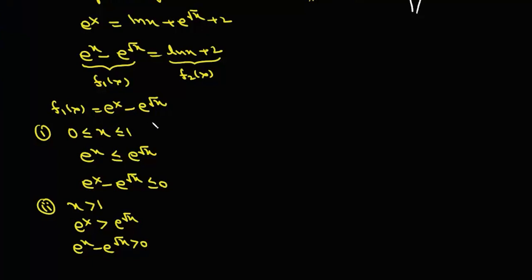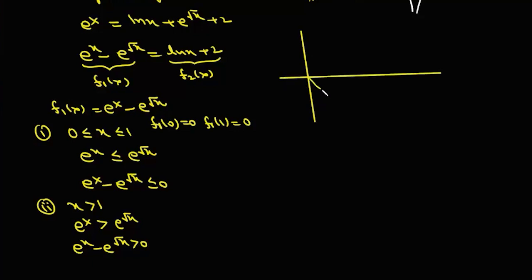What we also know is f1(0) is 0 and f1(1) is also 0. So the graph of f1(x) will be drawn something like this. So this is 0, this is 1, and that's the graph of f1(x), which is e to the power x minus e to the power root x.